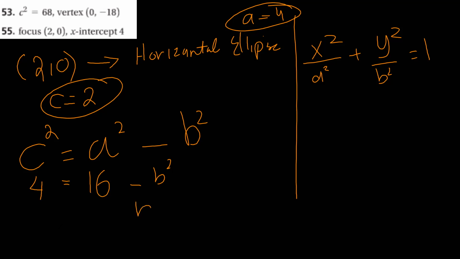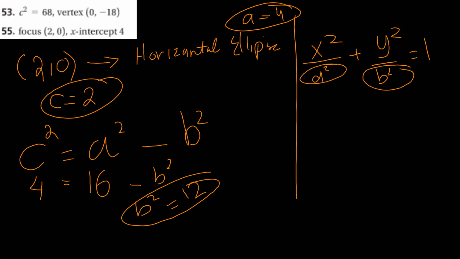So b squared will be 12. I have now b squared and a squared, so I can write the standard form of the equation: x squared over 16 plus y squared over 12 equals 1.